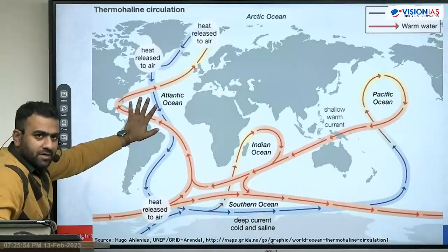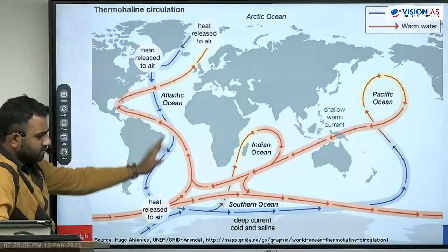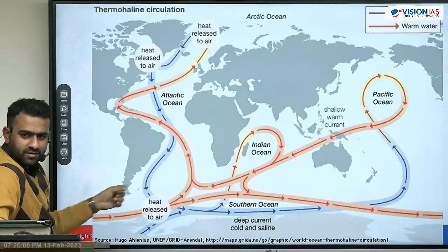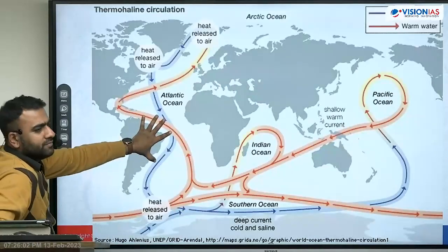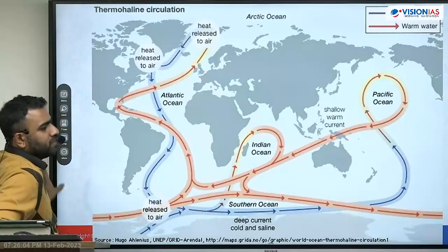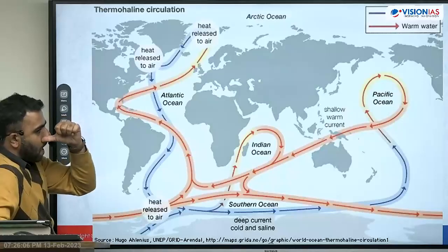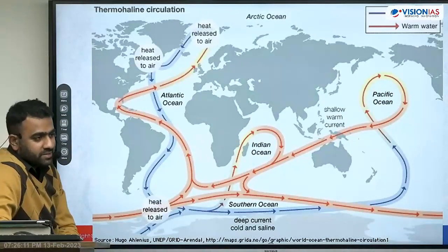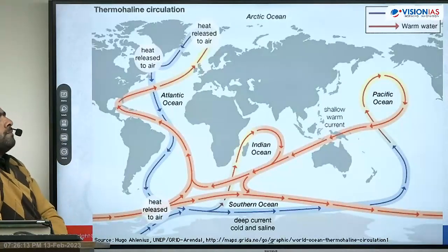What is a conveyor belt? जो एयरपोर्ट में देखते हैं, जिसके ऊपर सामान आता है ना, conveyor belt. In the same way, there is also a huge conveyor belt which is continuously moving from one part of the ocean to another part. And here we can clearly see the connection between the bottom water and the surface currents.